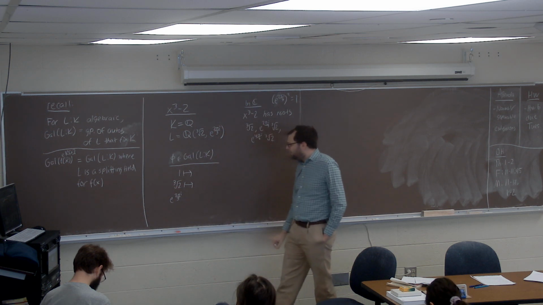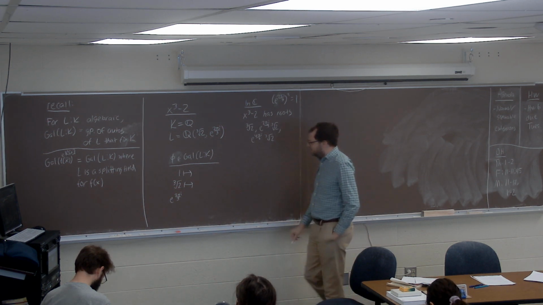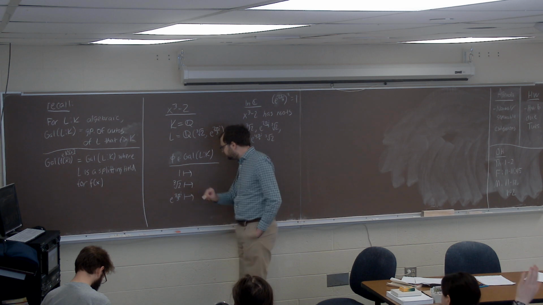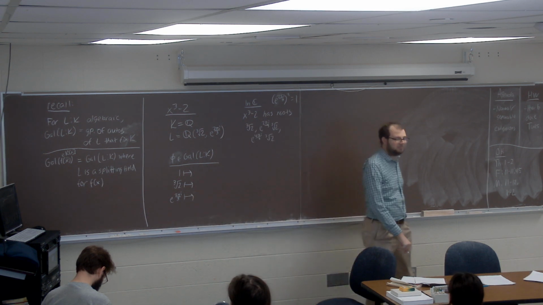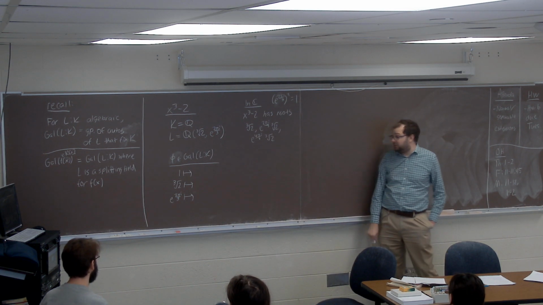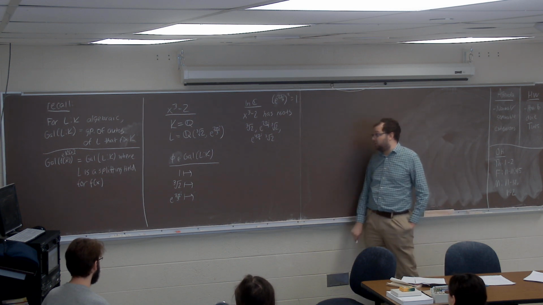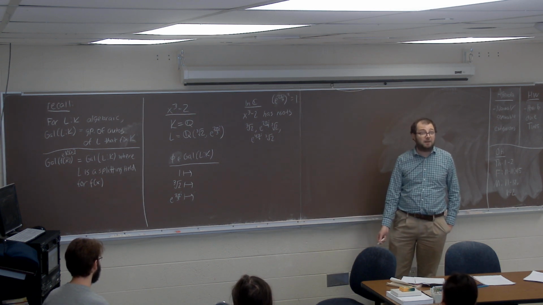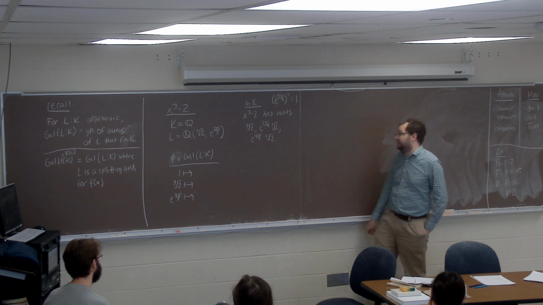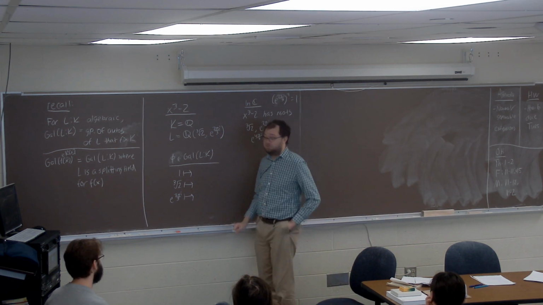And we need to know where e to the 2 pi i over 3 gets mapped to. If we know where these 3 elements get mapped to from some automorphism on L, that'll automatically tell us where everything in L gets mapped to by this automorphism.